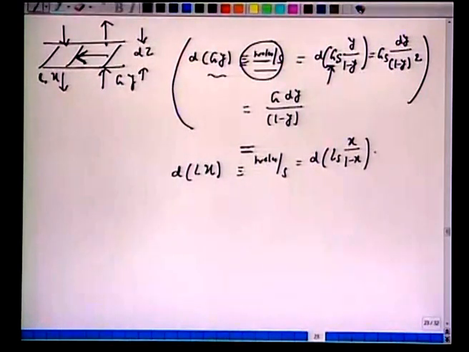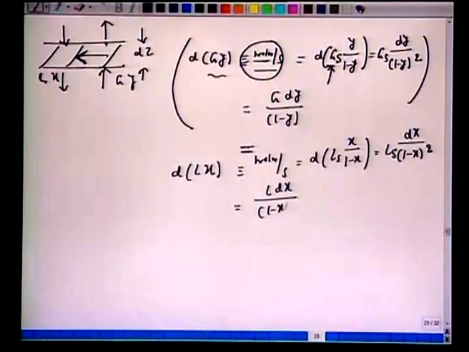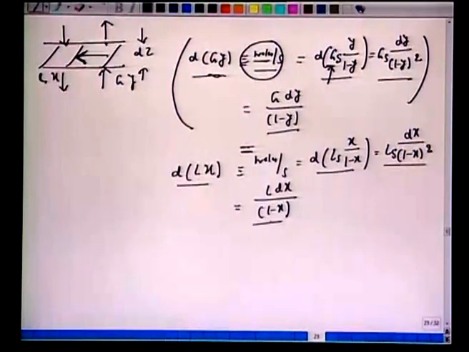Look at the analogy. It is the same, Ls dx over 1 minus x square. This will also be equal to L dx over 1 minus x. So all these quantities, this equals this equals this, will also be equal to this and so forth, because that is your species balance under steady state. And the most important, all of these quantities will also be equal to NA.